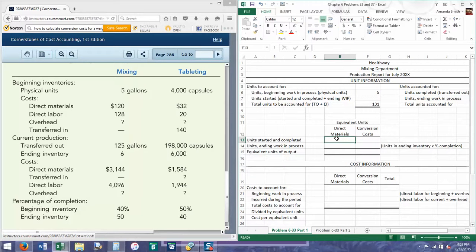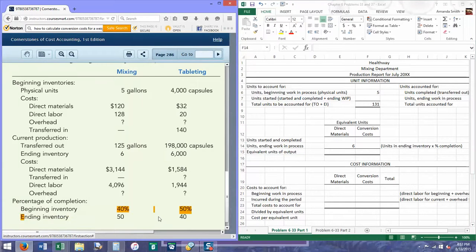Our equivalent units, we're going to take the units started and completed, which is going to be this amount, plus our units ending inventory, which is 6. For conversion costs, to figure out the amount that goes there, you're going to take the amount from this bottom row.